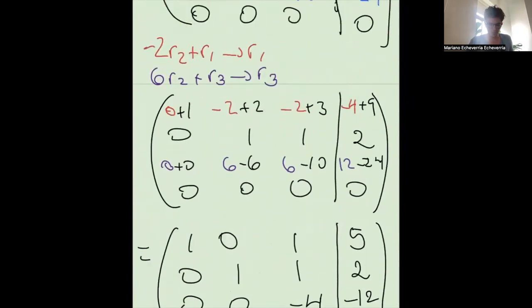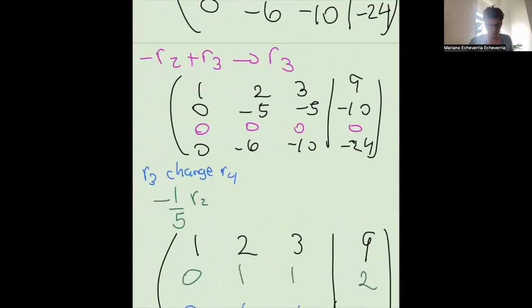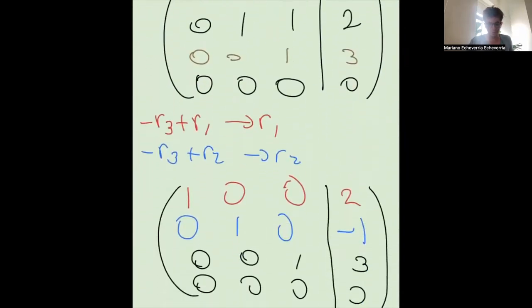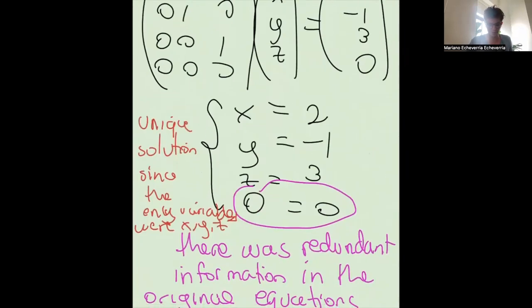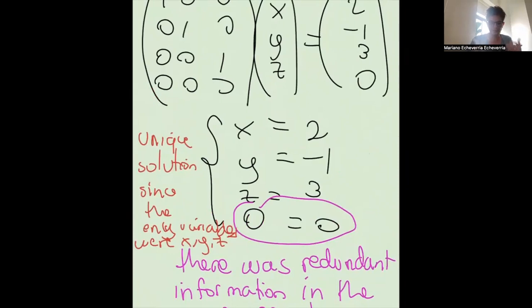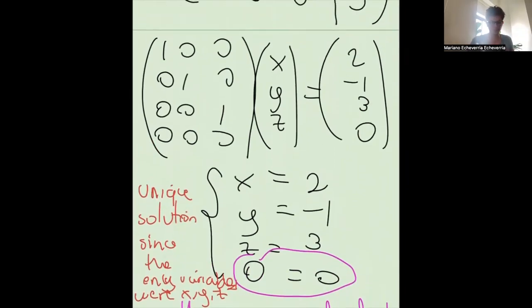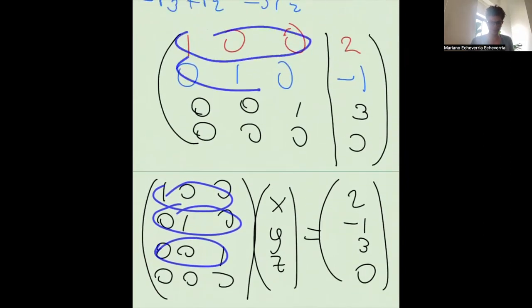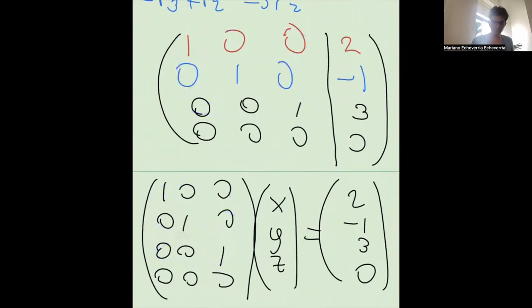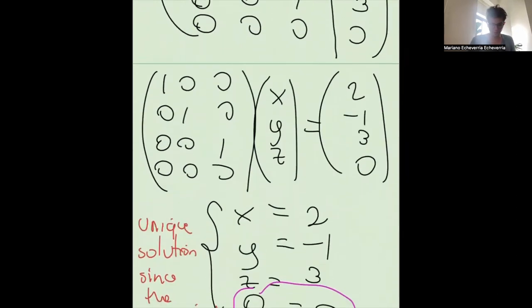So the way to identify that this is a unique solution is to look at the rank. This is the easiest way to know for sure that there's a unique solution. The rank is just the number of non-zero rows of the matrix. So once you get to the reduced form, you count the non-zero rows. You have 2 and 3. So there were 3 non-zero rows, but that matches the number of columns, right?